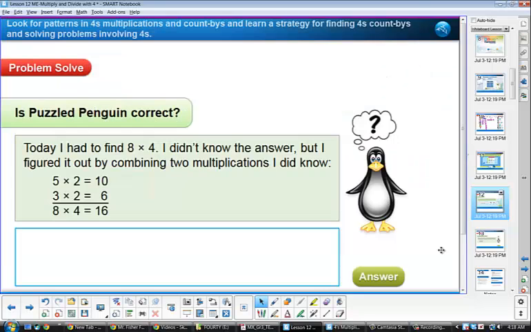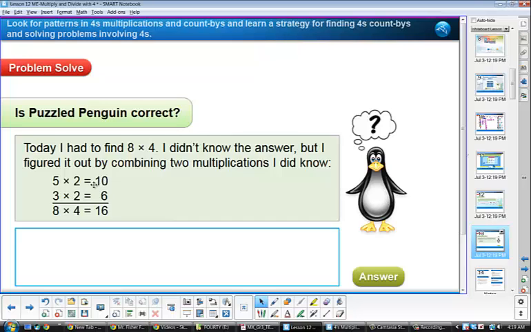Okay, last but not least, we got to check to see if Puzzled Penguin is correct. So this is question number 4. Today I had to find 8 times 4. I didn't know the answer, but I figured it out by combining 2 multiplications. I knew 5 times 2 equals 10.